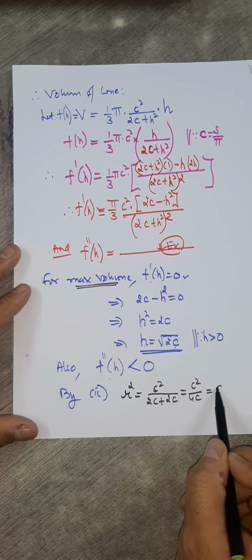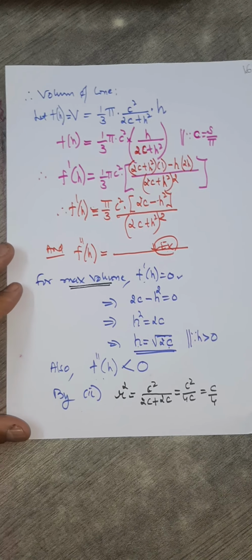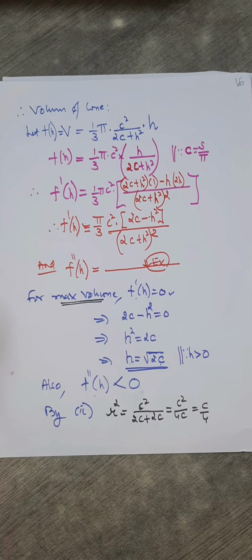So it will be c by 4. Fine up to this. So r square equals c by 4 here, and h is equal to this or this, whichever you write. Right? So we got this h and r. And now finally when we have this, remember, using the concept that the first order derivative is 0.